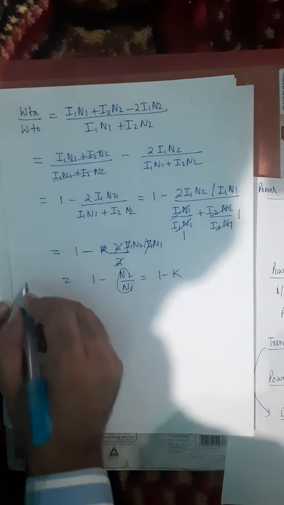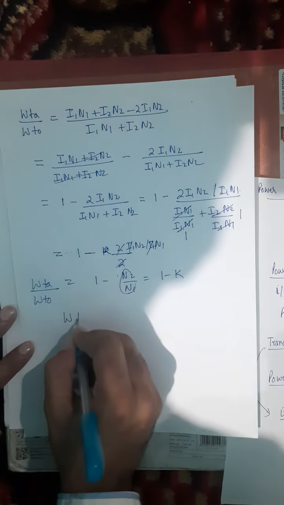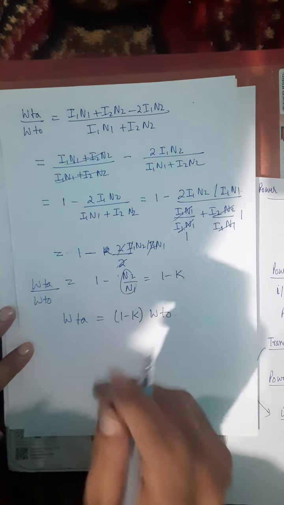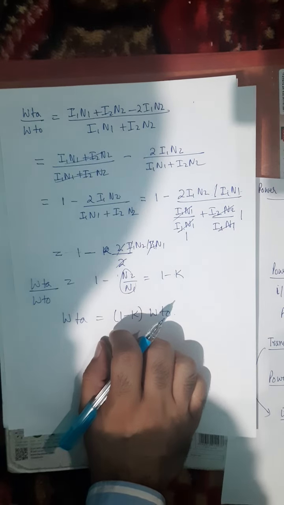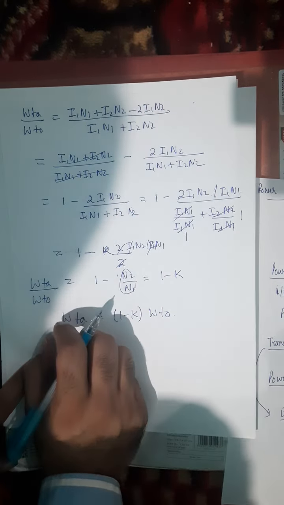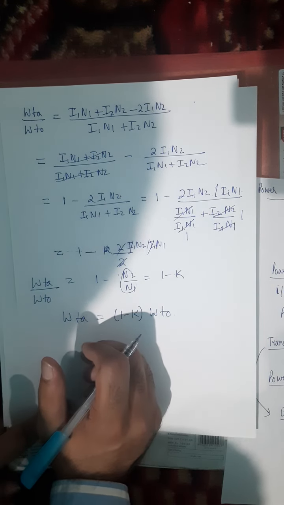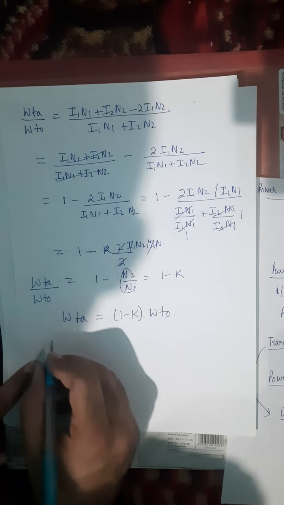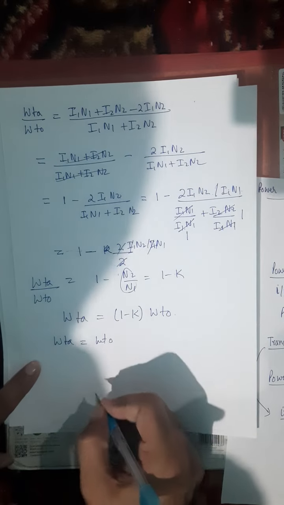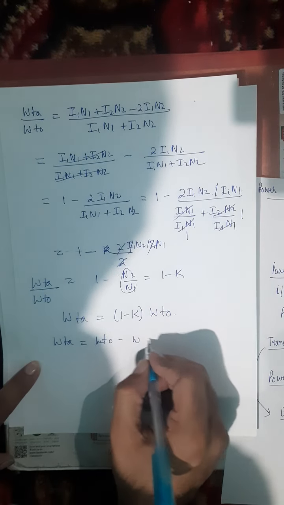So you got that the weight of the auto transformer divided by the weight of the ordinary transformer is equal to 1 minus K. I can write the weight of the auto transformer is equal to 1 minus K times the weight of the ordinary transformer. So the saving of copper material is affected by the use of the auto transformer.